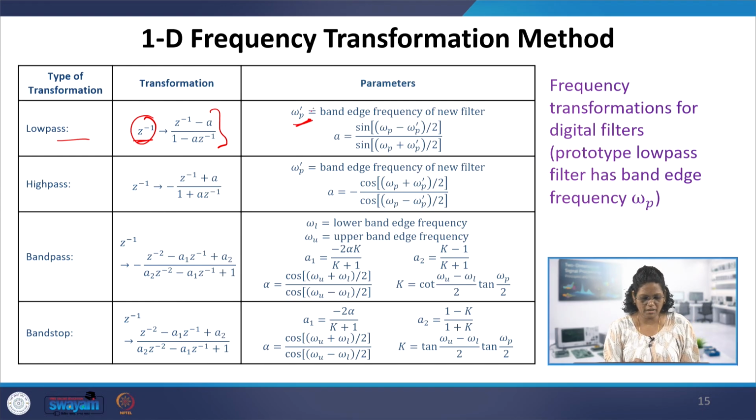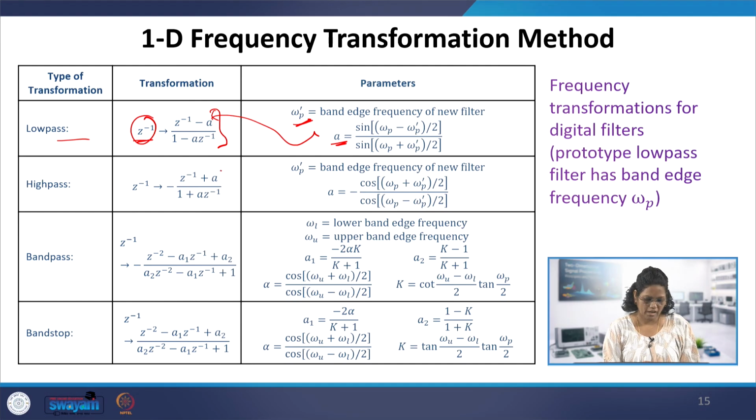So omega p dash is the new band edge frequency of the new filter. In it, a is omega p minus omega p dash by 2 and omega p plus omega p dash by 2. So this a is now changed here. So every z inverse in the transfer function is replaced with this and we get the new transfer function using this transform.